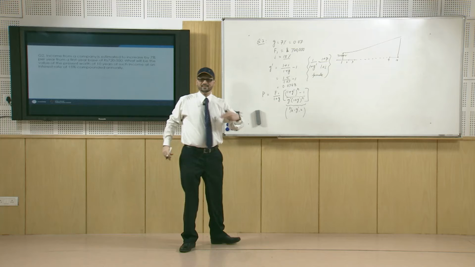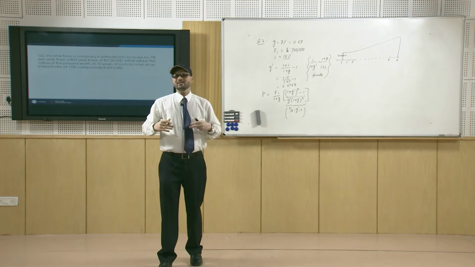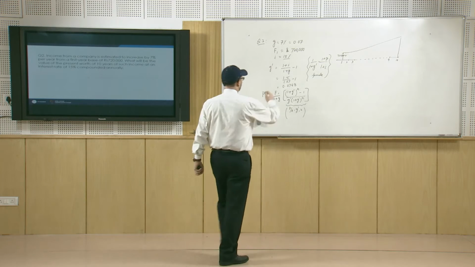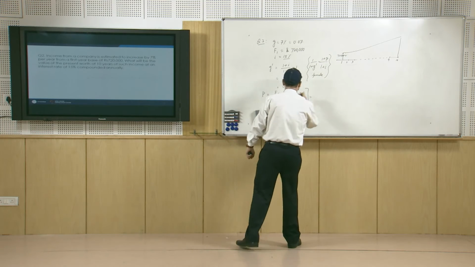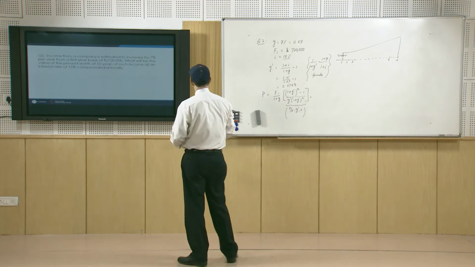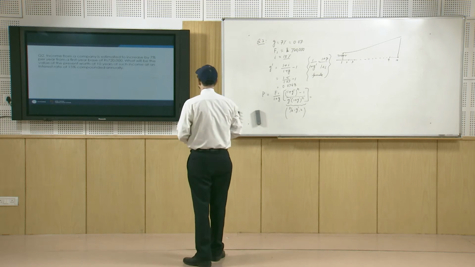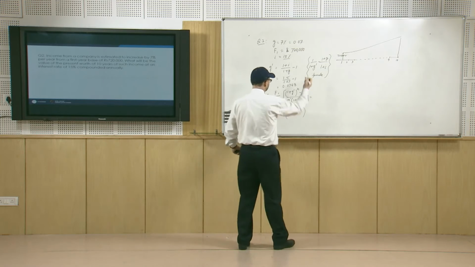This we have already derived while studying the geometric gradient series factor. Now, G prime is 0.0748 and this factor comes out to be 6.8704.